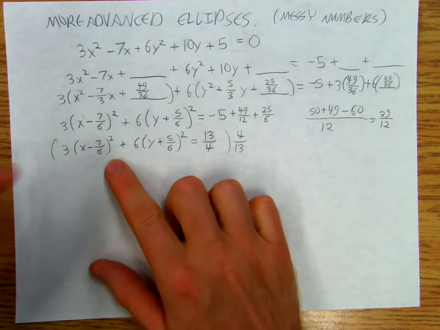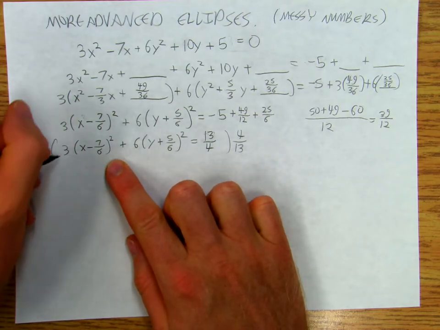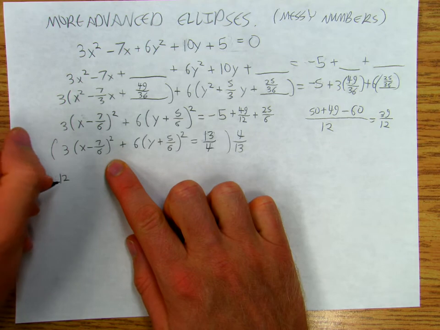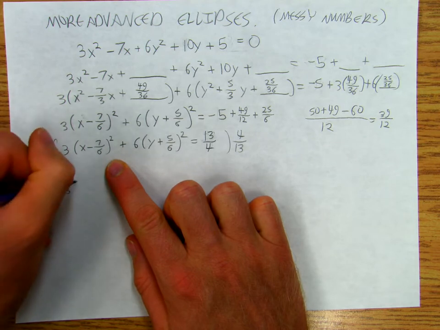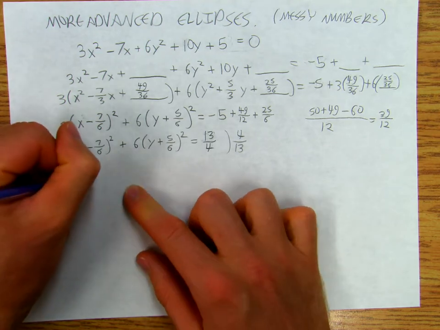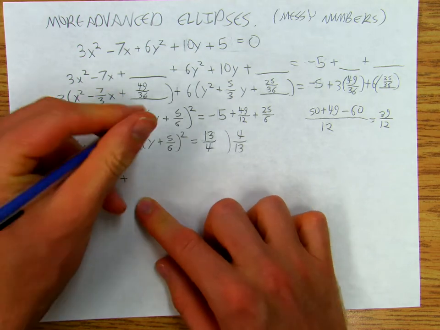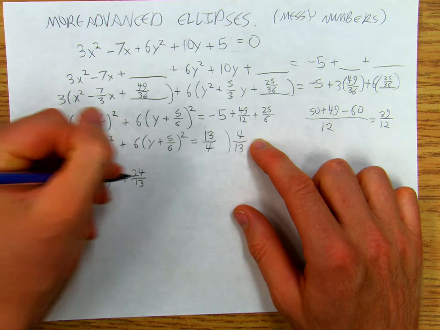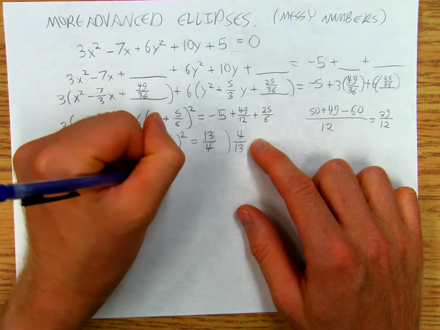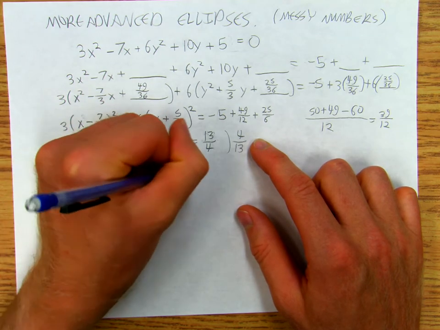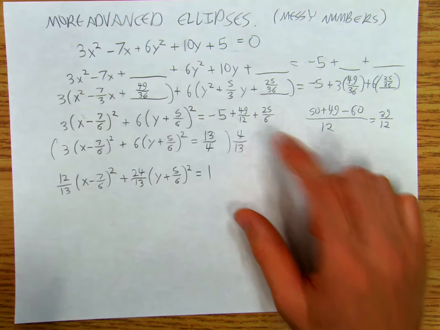So I'm going to get 12 over 13 times x minus 7/6 squared plus 24 over 13 times y plus 5 over 6 squared is equal to 1.